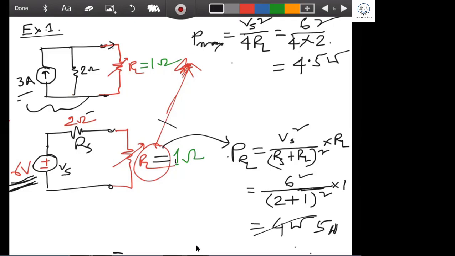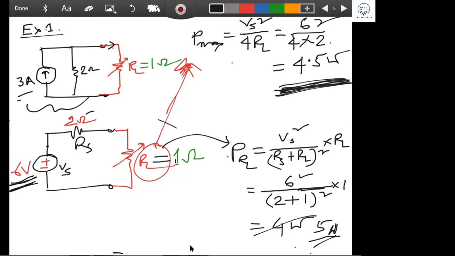It's 4. Because if somebody gets 5 watt, it does not make sense. Can anybody tell me why? Our maximum power is 4.5, so it cannot be greater.